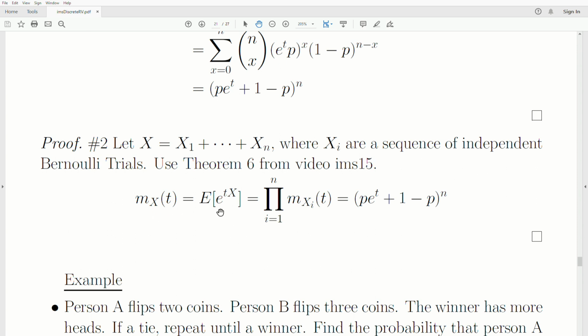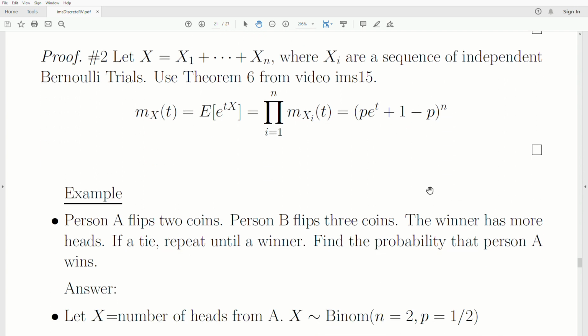So M of T is the expected value of e to the tX, but since X can be thought of as a sum of independent random variables, that's just the product of the moment generating functions of the Xi's. But the moment generating function of these Bernoullis was P e to the t plus Q, and we're multiplying it by itself N times, so it's raised to the nth power. And that's what we wanted to show.